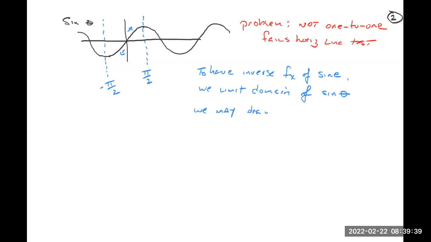We may draw our answers to inverse sine of a value to quadrants 1 and 4, between negative pi over 2 and pi over 2.